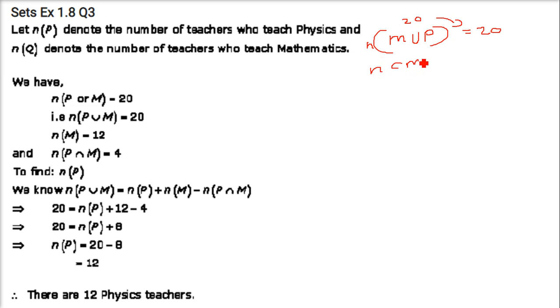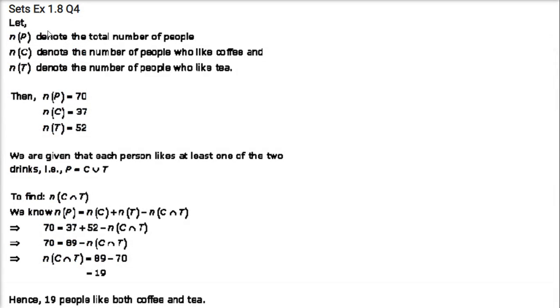Of these, 12 teach mathematics, so n(M) is 12. 4 teach physics and mathematics, so the intersection is 4. How many teach physics? So n(P) has to be found out. Again, we have the direct formula: n(P union M) is equal to n(P) plus n(M) minus n(P intersection M). So this we have to find out. Just take these two here, it will be 12. So there are 12 physics teachers.